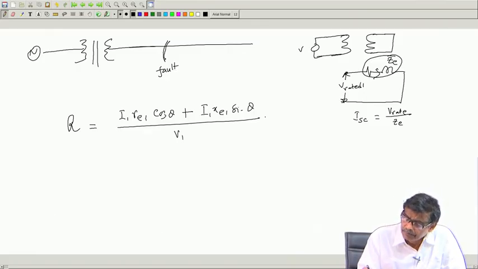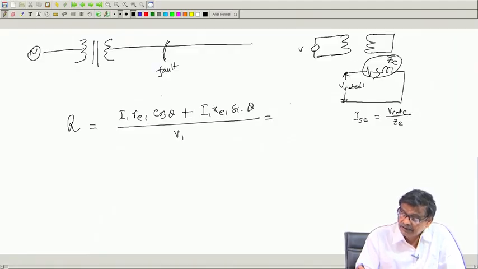And if you remember, the numerator was like this: V1 minus V2 dashed, this was the thing, the change in magnitude.